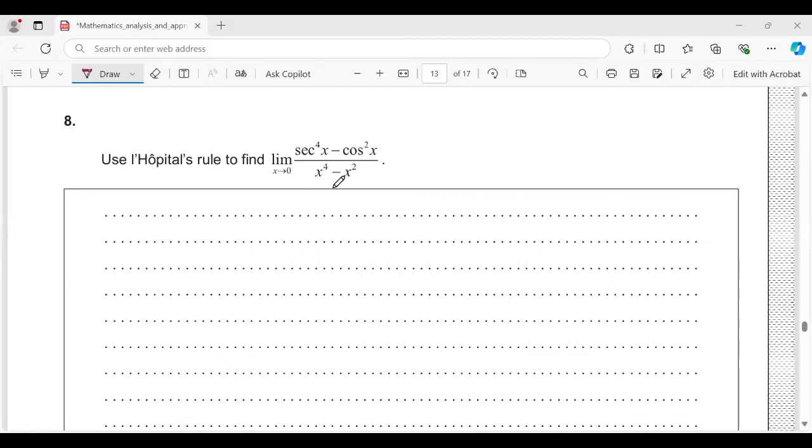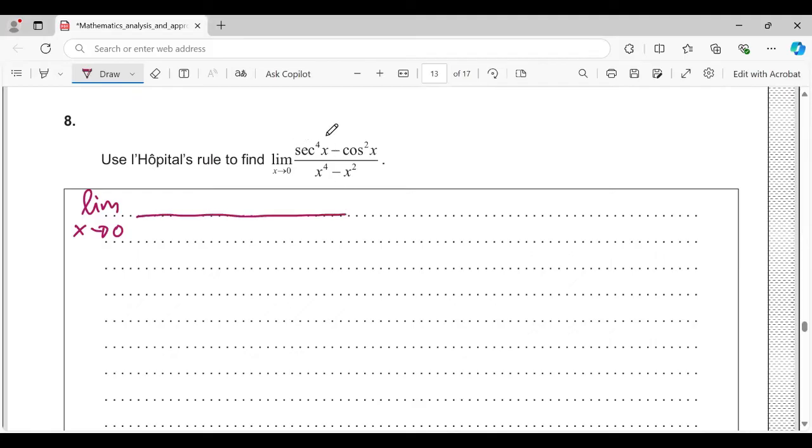After that, substitute x equals 0 until we find the solution. The first step, I'm going to find the derivative of the numerator and the derivative of the denominator.